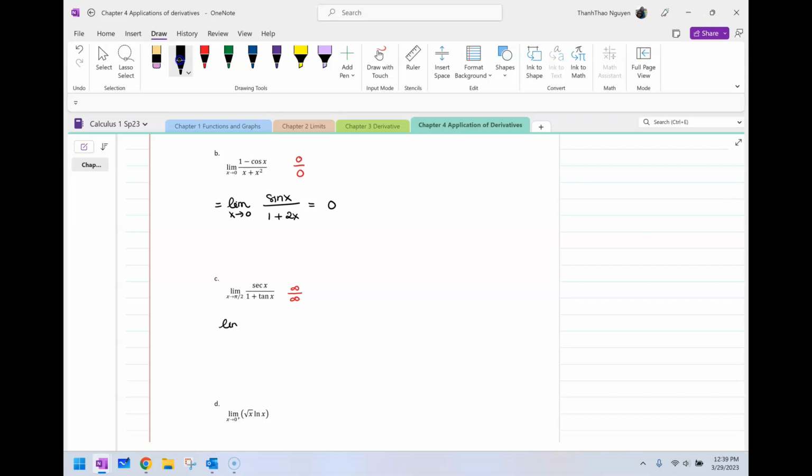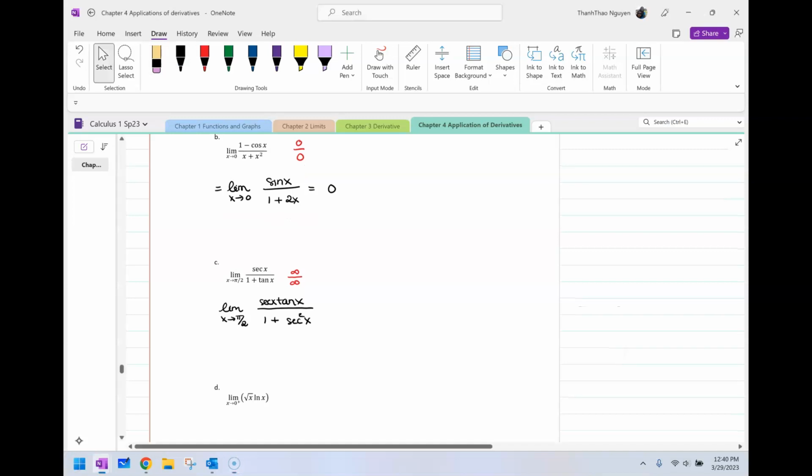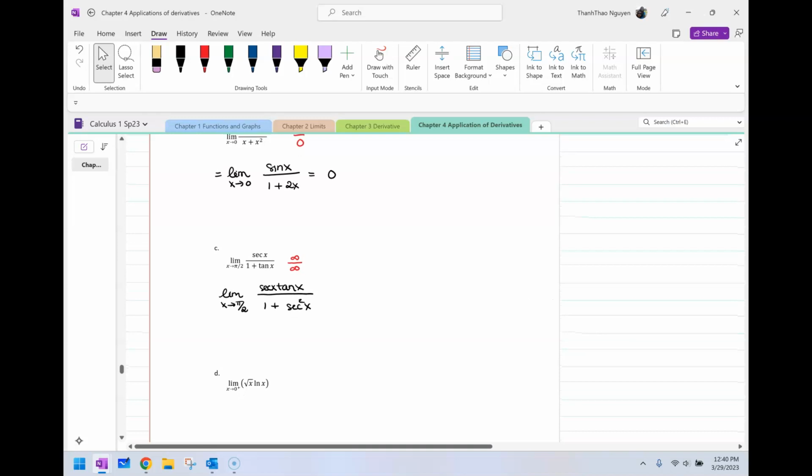So then the limit as x approaches pi over 2. Derivative of secant is secant of x tangent of x, divided by 1 plus secant squared of x. Let's go ahead and simplify secant of x tangent of x plus 1 divided by 1 plus secant of x.